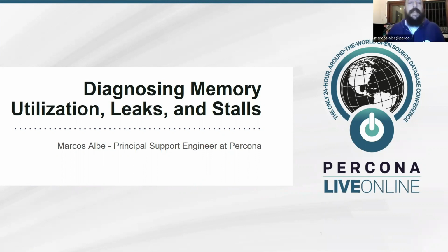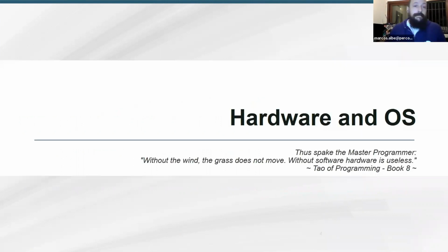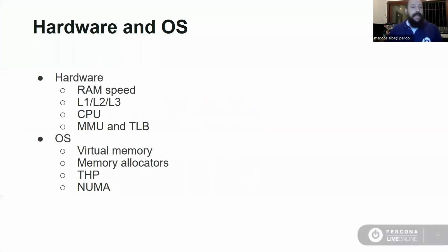Memory utilization, leaks and stalls. First, just a very quick bit about hardware and the OS. This talk is designed to go over like 1 hour and a half, perhaps 2 hours, so I'm gonna very quickly skim over some slides.